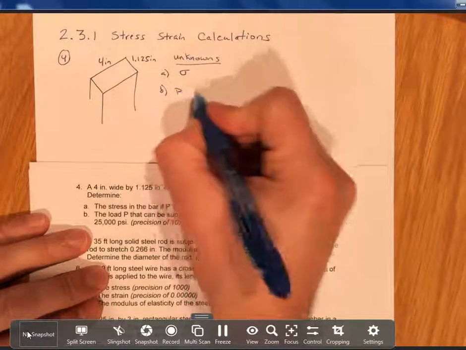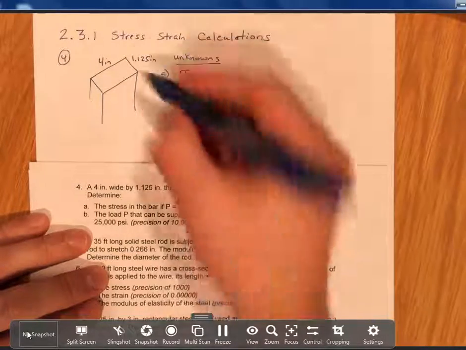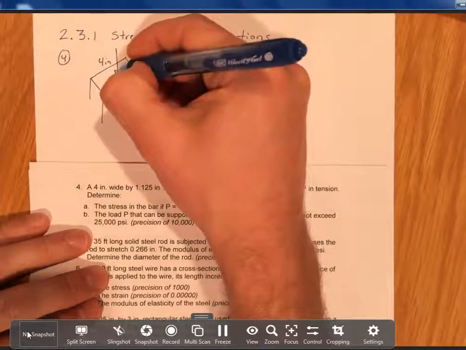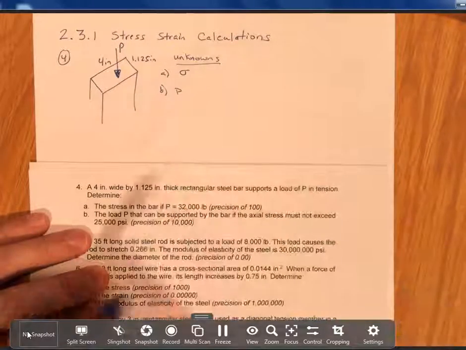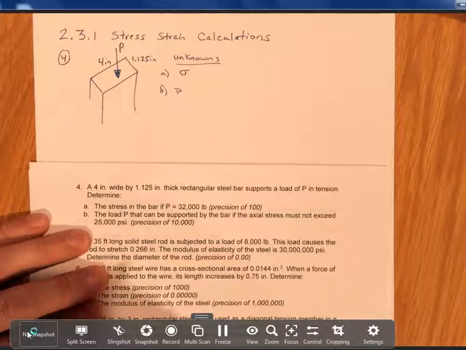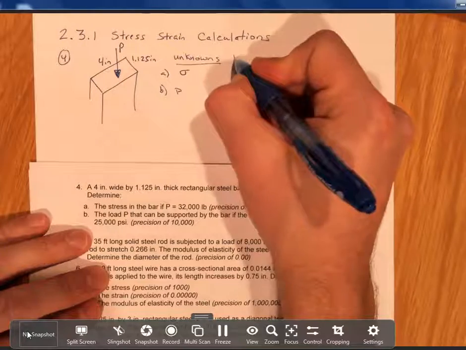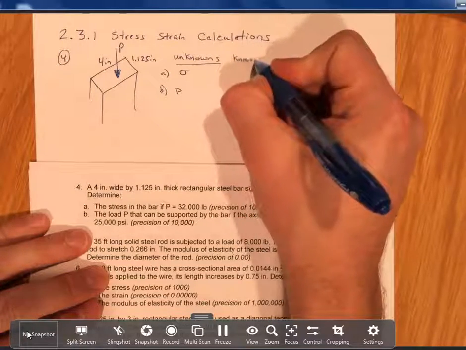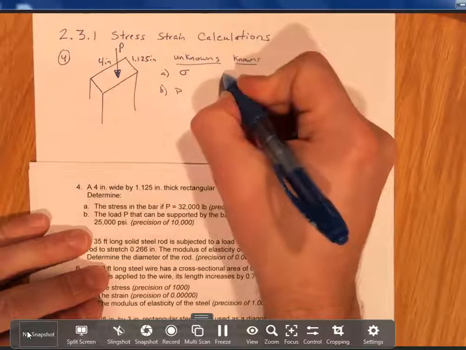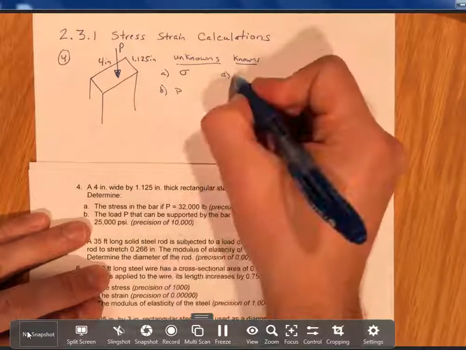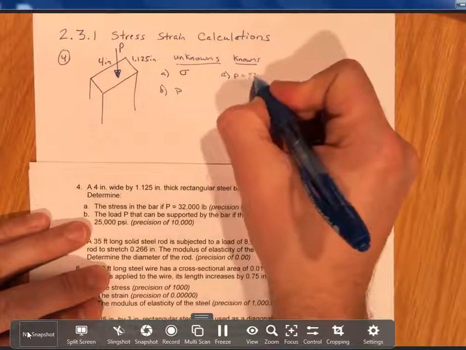You can call that P if you want, or a force, but basically we have a force. In this problem, they're calling it P in general. Okay, other knowns, other things we know. For part A, we're told that P is 32,000 pounds.